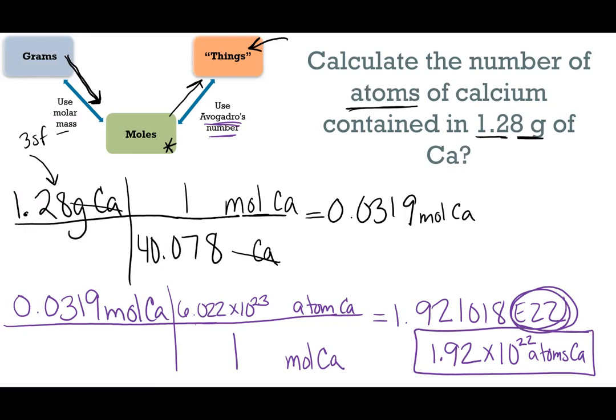And then the last thing we want to do is ask ourselves, does this make sense? We weighed out 1.28 grams of calcium. Would we expect that to be a ridiculously large number of atoms? Yeah, we absolutely would. So this number does make sense. Likely I got the problem right.